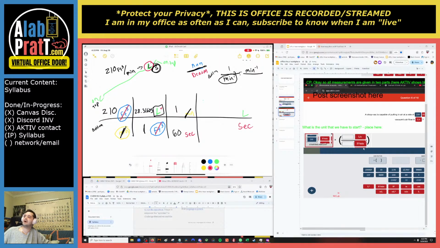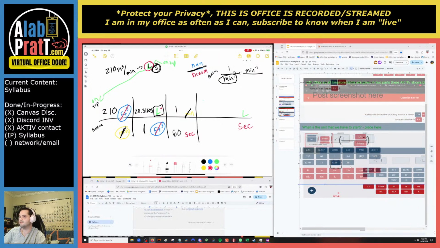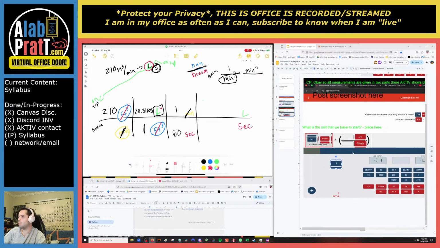Now we need to figure out, if we have these converting factors of feet cubed per minute and liters per second, what is the actual number that correctly quantifies these things for us? I would say that the feet per minute that we have in this case is 1 feet per minute, because that is what I'm trying to find the conversion of.